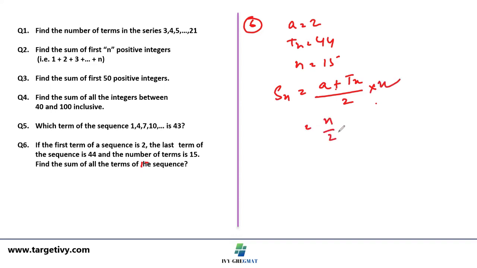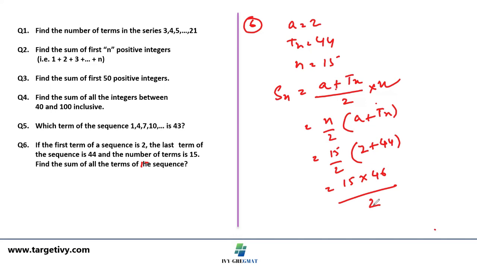or we can write it as n by 2 into a plus Tn, as we have been doing. So let's do it. 15 by 2 into 2 plus 44. So this becomes 15 into 46 divided by 2.